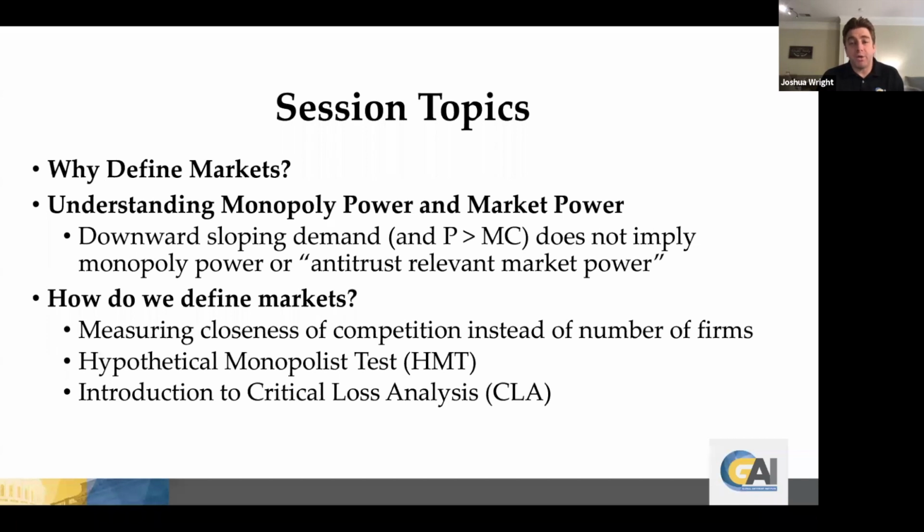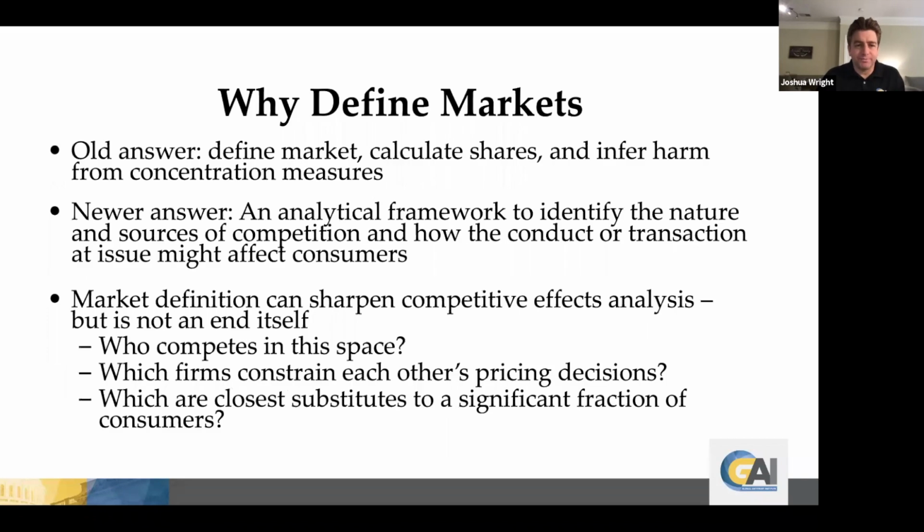You'll see in follow-up sessions that we'll put online on unilateral effects analysis and other contexts, you'll see some follow-up lectures on how to define markets in practice, some empirical methods, and some examples in different types of mergers and monopolization cases. So really today, I'm going to spend some time getting those concepts introduced to you, providing a foundation for those later lectures. Let's start with why we define markets at all in the first place.